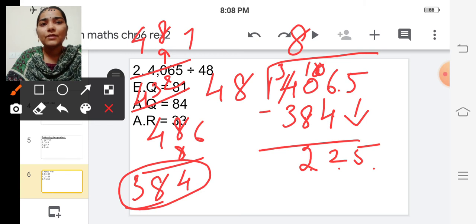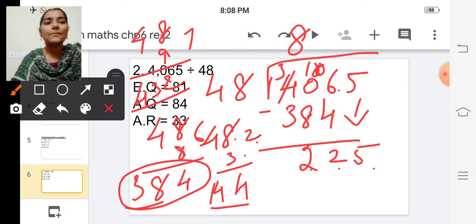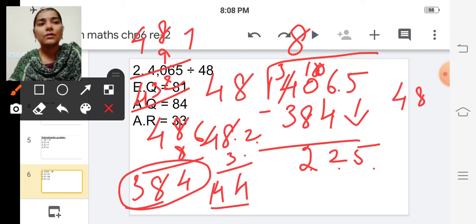If we take 48 3s, then 8 3s are 24, 2 carried, and 4 3s are 12, 12 plus 2 is 144. And shall we take 48 4s? 48 4s are 8 4s are 32, remaining 3, 4 4s are 16, 16 plus 3 is 19, so 192.